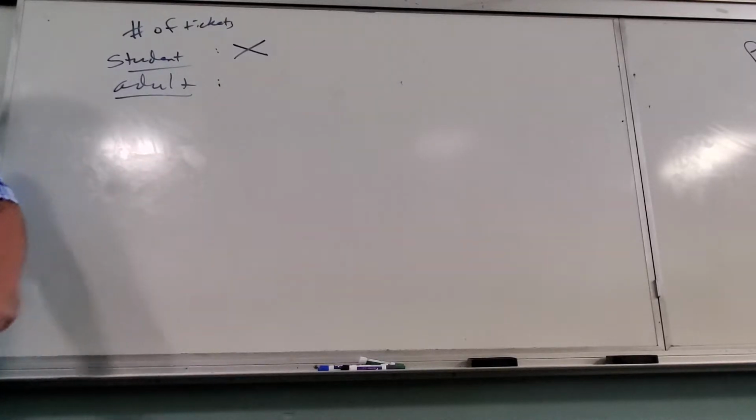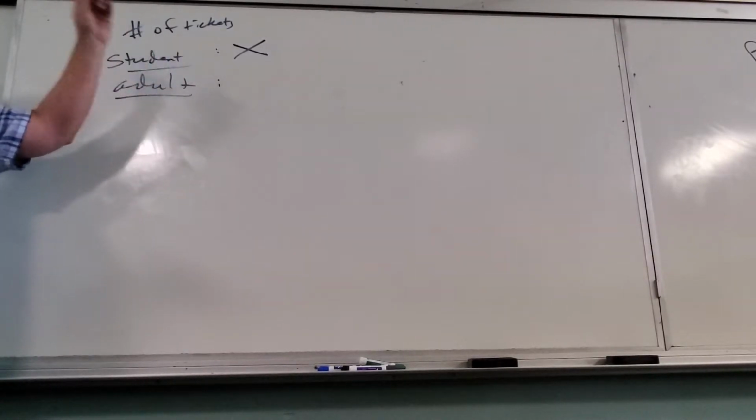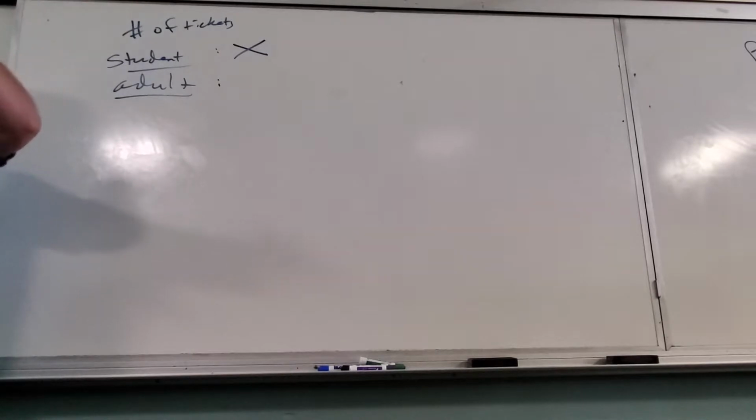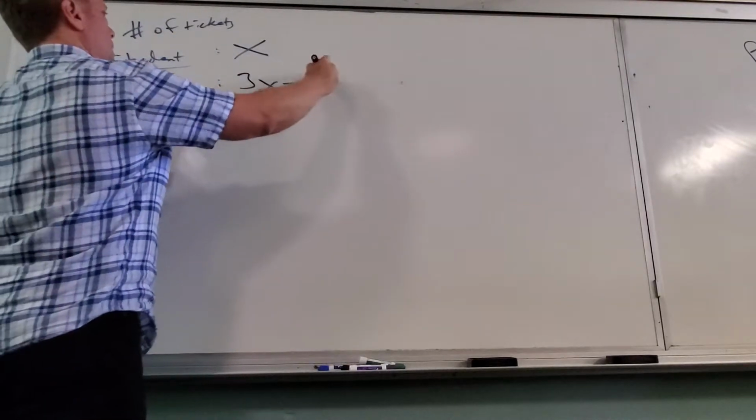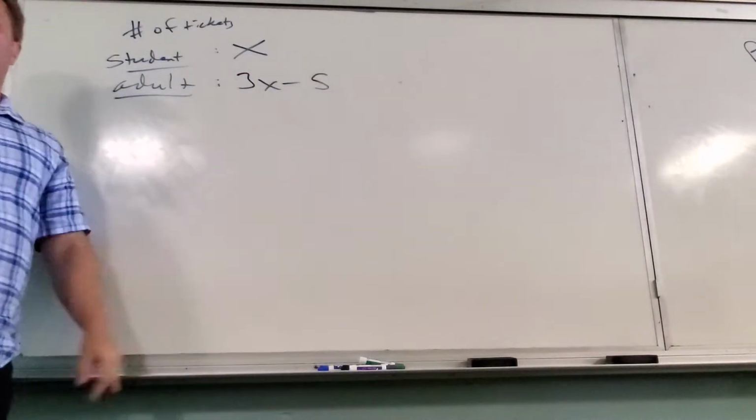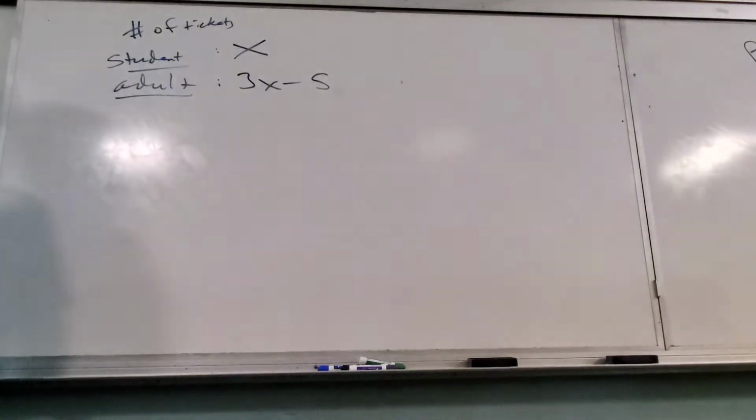So how many adult tickets were sold then? 5 less than 3 times the number of student tickets. What's 3 times the number of student tickets? 3x. And I want to make that 5 less, so what do I do to 3x? Subtract 5 from it. Don't write this backwards, or else you're saying that you sold negative adult tickets. What would that mean?